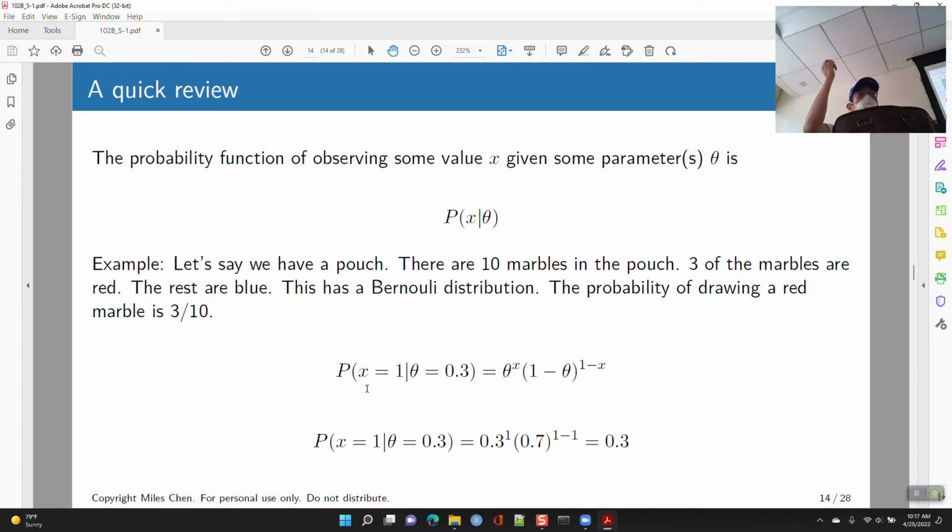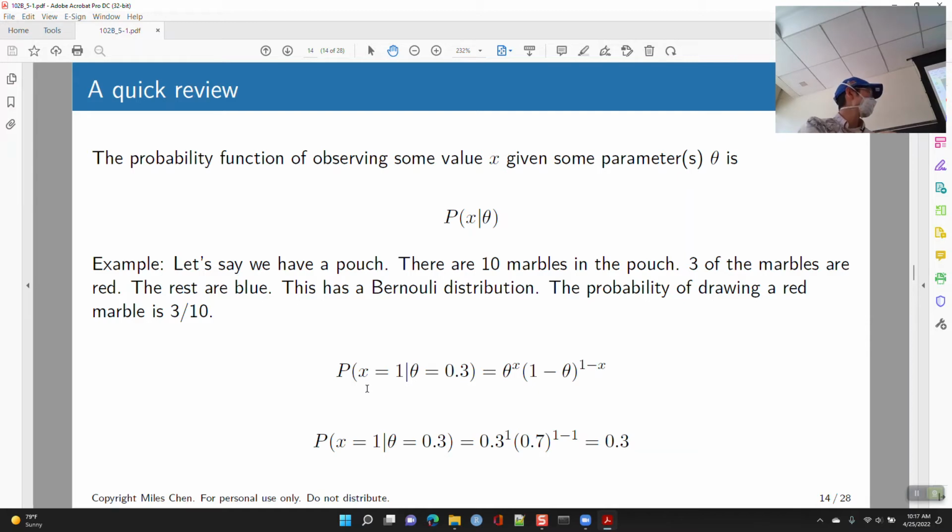If I draw marbles out of my bag, it comes from a Bernoulli distribution. It's like flipping a weighted coin that lands heads 30% of the time. In the bag I've got 10 marbles, 3 red and 7 blue. What's the probability of drawing a red marble? That would be 0.3.